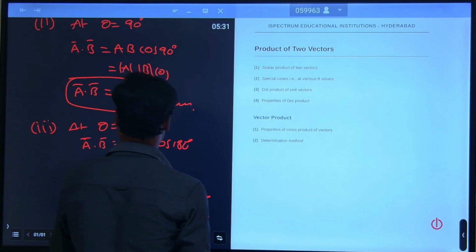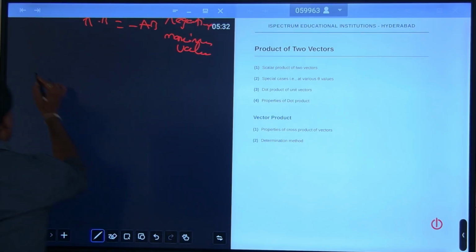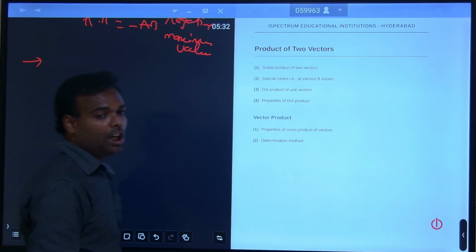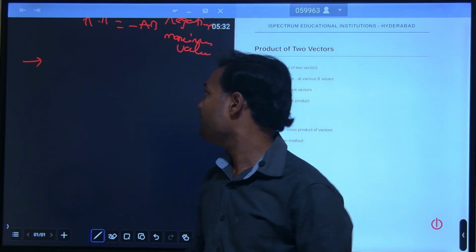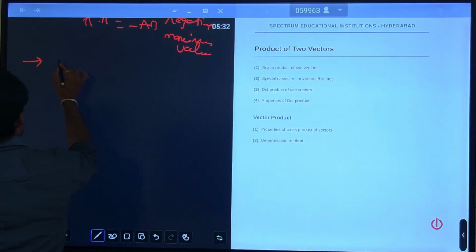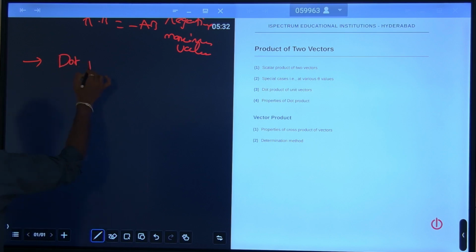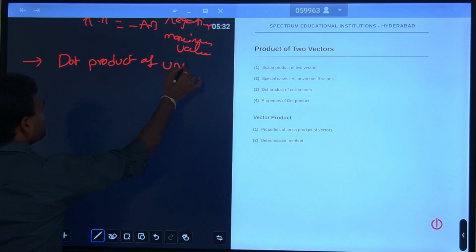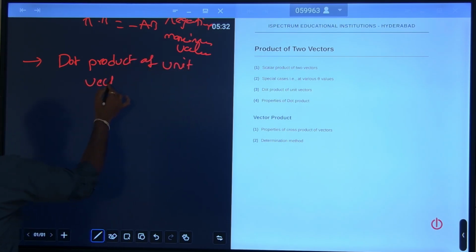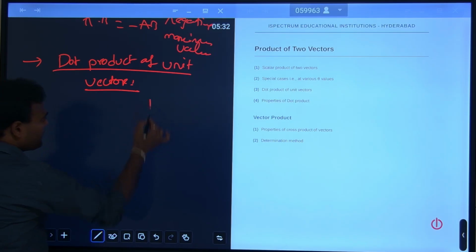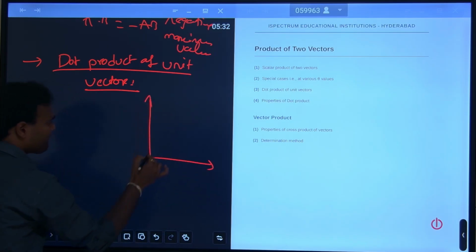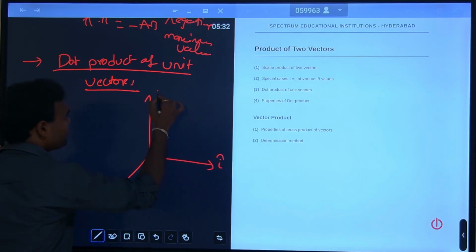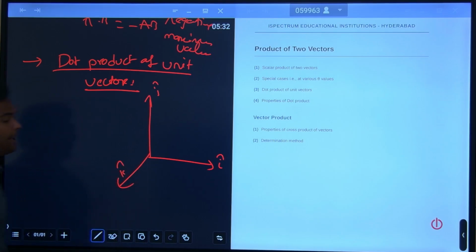Now next one is dot product of unit vectors. See here, let us assume this is i, this is j, this is k.